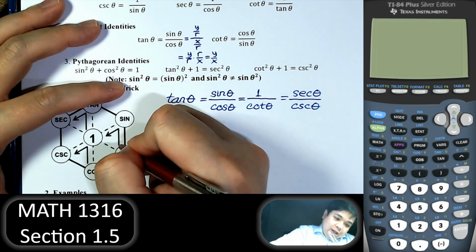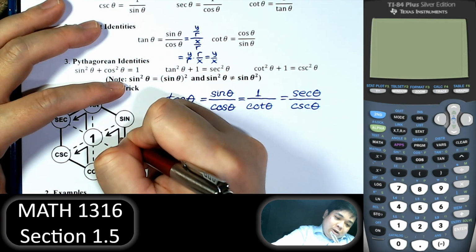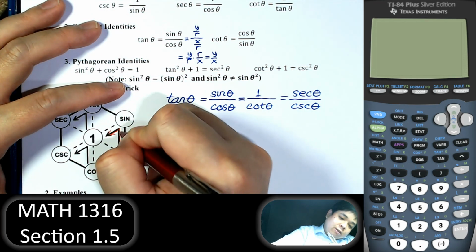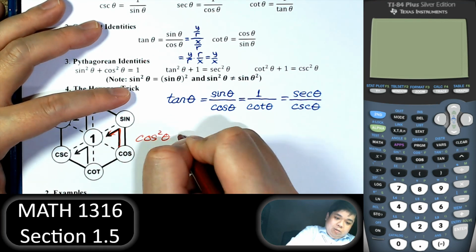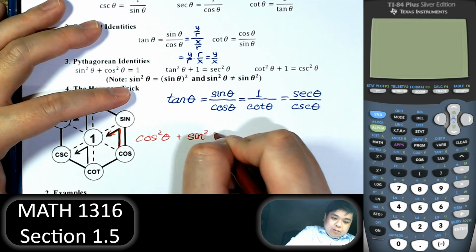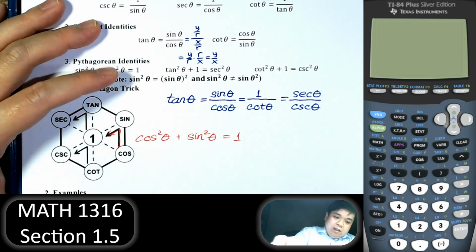So let's see, if we're talking about this arrow, we have cosine square plus sine square equal to 1.